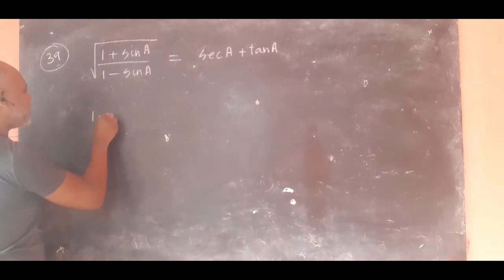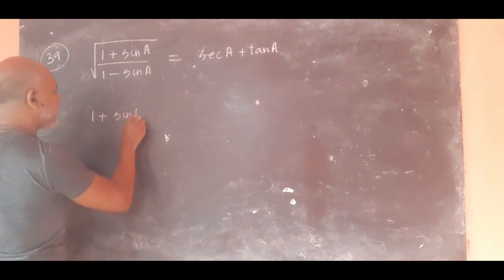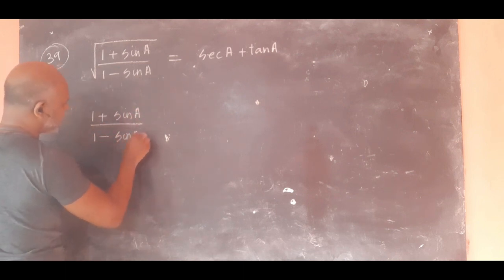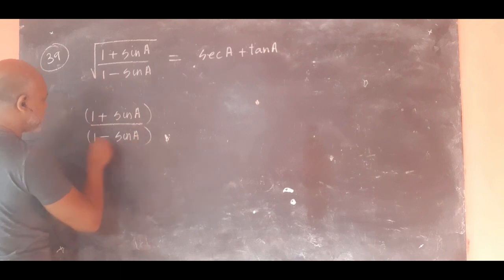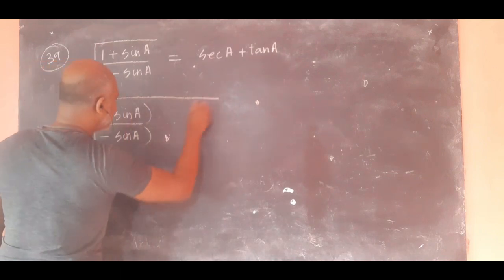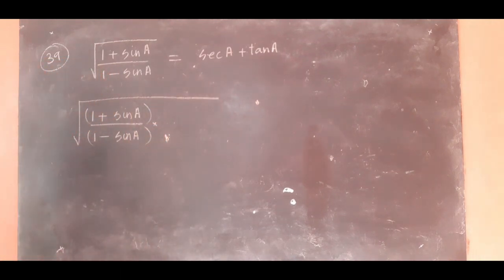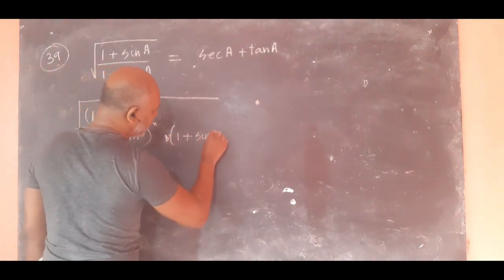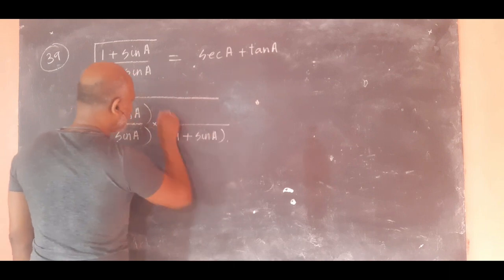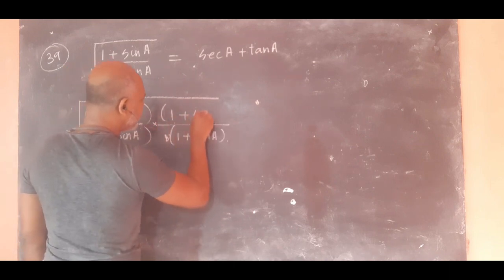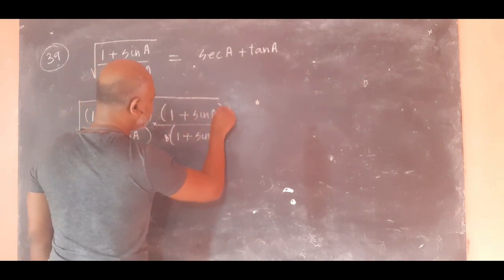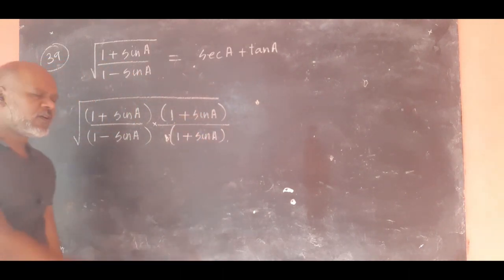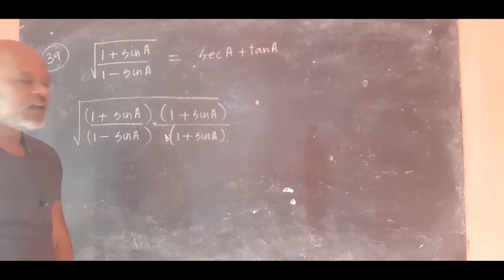So first we will write 1 plus sin A by 1 minus sin A under root. Now inside the root we will multiply 1 plus sin A on the denominator and 1 plus sin A on the numerator, because you know this by this is same as 1. So by multiplying 1 on the top and the bottom we are not multiplying actually anything.